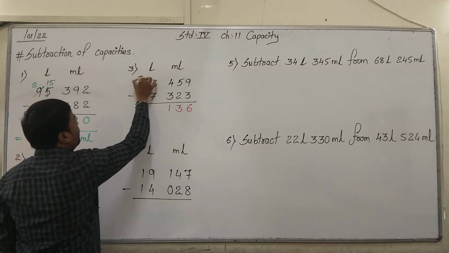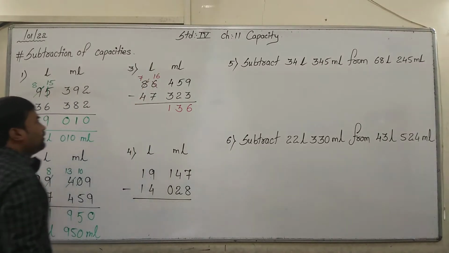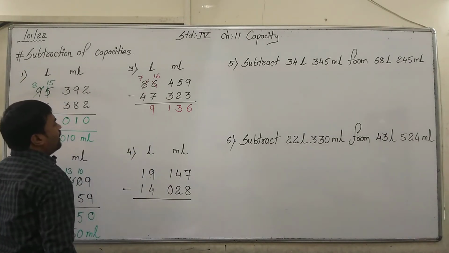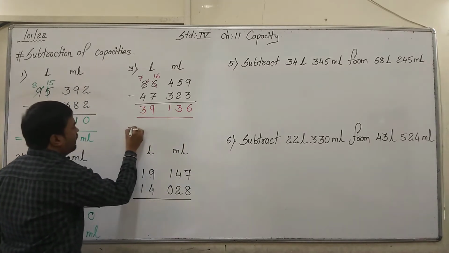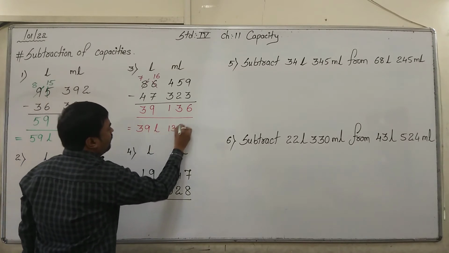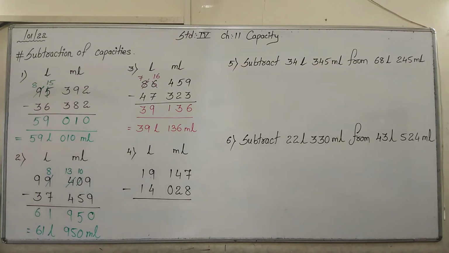So 8 will become 7 and this 6 will become 16. So 16 minus 7 will be 9, and 7 minus 4 will be 3. So what is the final answer? That is 39 liters 136 ml. Right? Are you getting that?